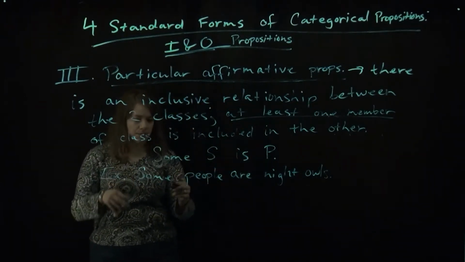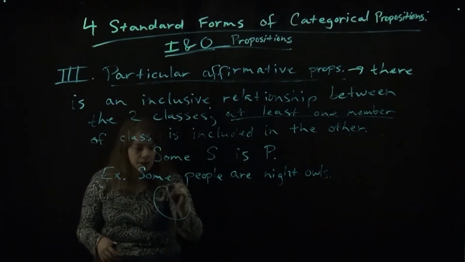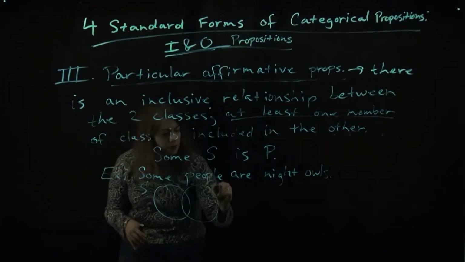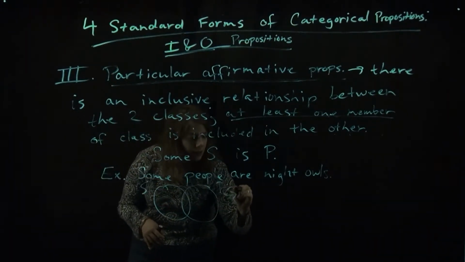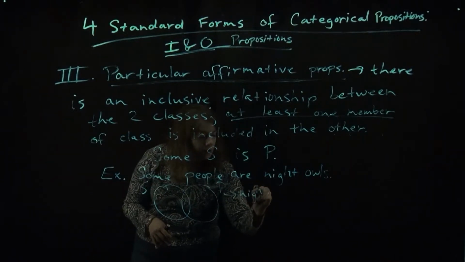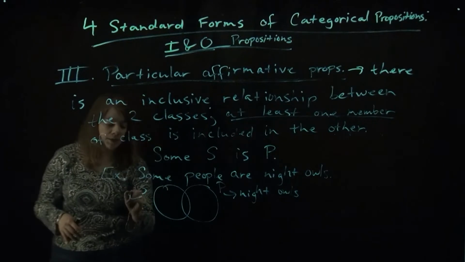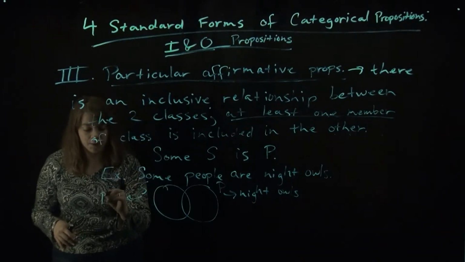So again, let's try to symbolize this with our Venn diagram. We have our subject and predicate. Predicate being night owls, people who stay up to all hours of the night, and subject being people.